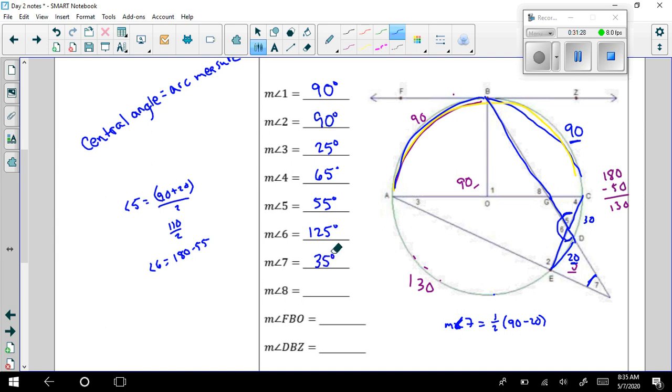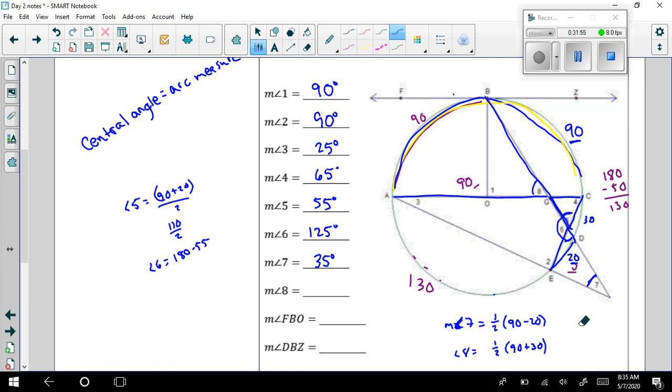Measure of angle 8. Angle 8 is right here. So again, it's inside of the circle. And we're using 90 and 30. So 90 plus 30. This is angle 8.